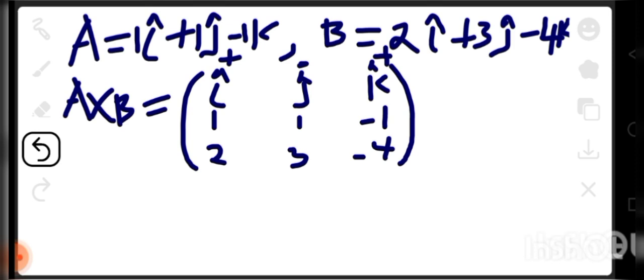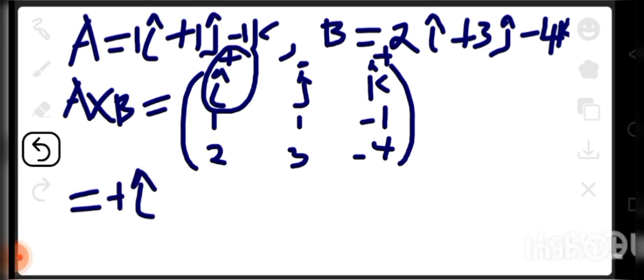The next thing now, let's start expanding the matrices. Pick the first term here, which is plus I. Then you open another matrix. We strike everything in the column of this I, not J, please, and everything in the row as well.